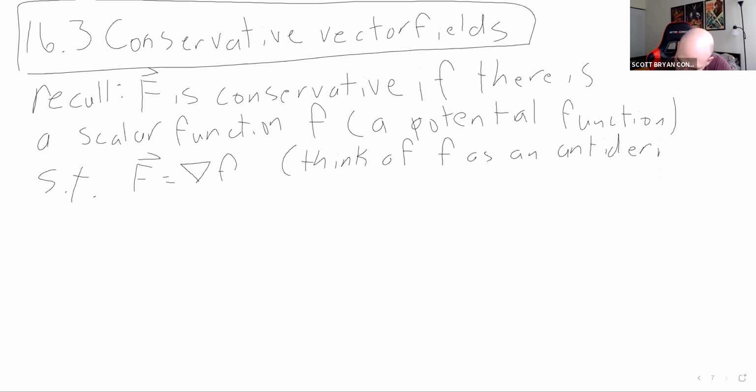We'll see later that it's going to work like an antiderivative of our vector field. So you're conservative if it has an antiderivative, right? If there's some scalar function where when you take the gradient of it, you get the vector function.